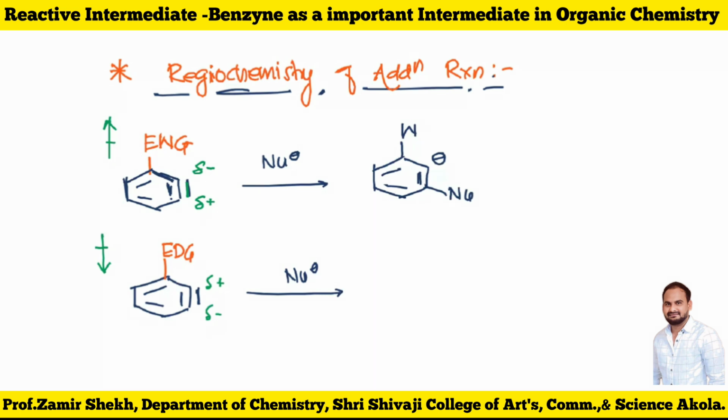And in the next category, your donor and your negative charge are quite separated from each other. If you see the chemistry behind the charge and your group, you can easily understand the mechanism. The donor should be away from the negative charge and the withdrawer should be nearer to the negative charge. Yes, understood?